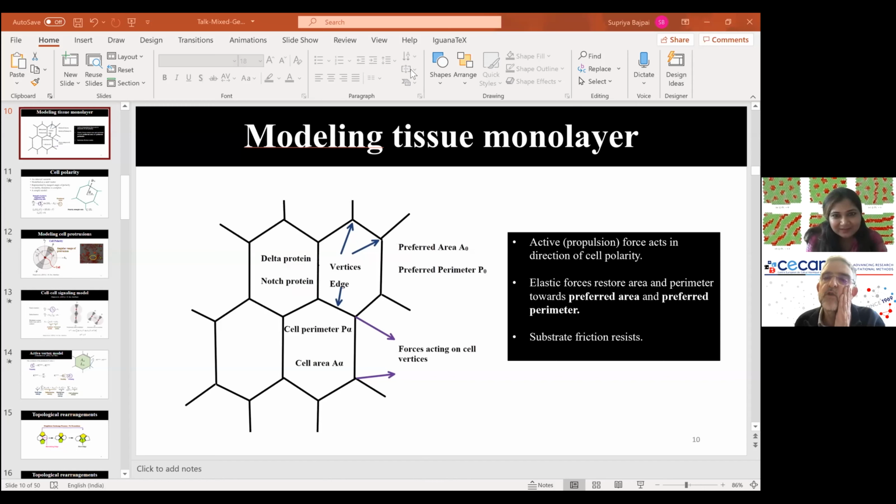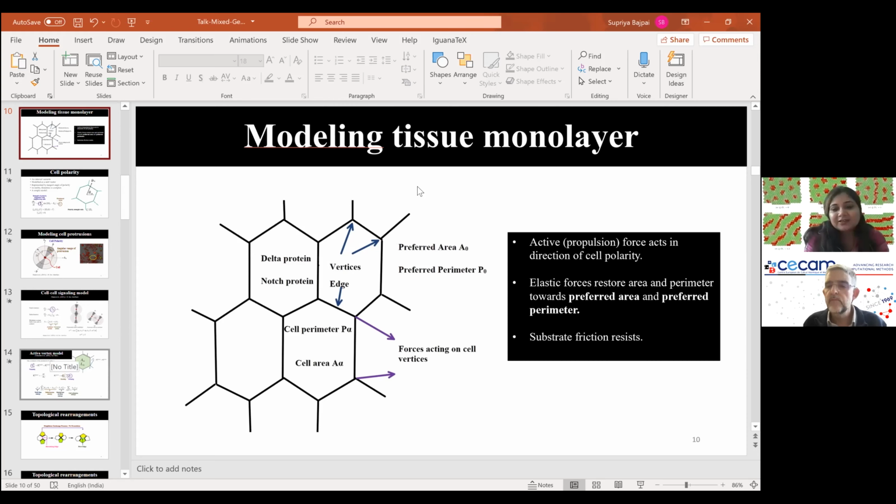He's asking how vertices move in between the tissues. Sorry, how do vertices move in between the tissues? Yes, vertices. Okay. So if the force is applied on these vertices, they move according to these equations.